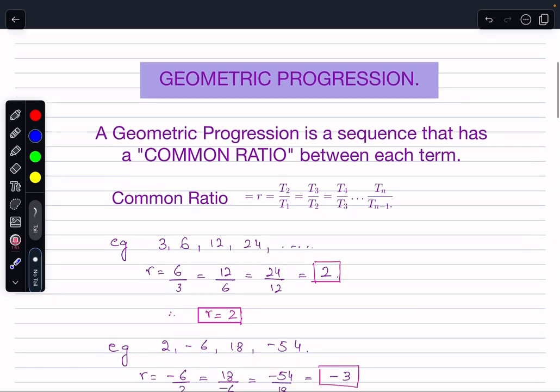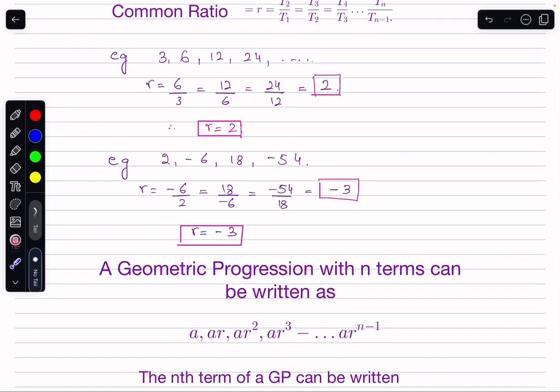Let's do another example. The sequence that we have now is 2, -6, 18, and -54. Therefore, the common ratio should be equal to -6 divided by 2, or 18 divided by -6, or -54 divided by 18.